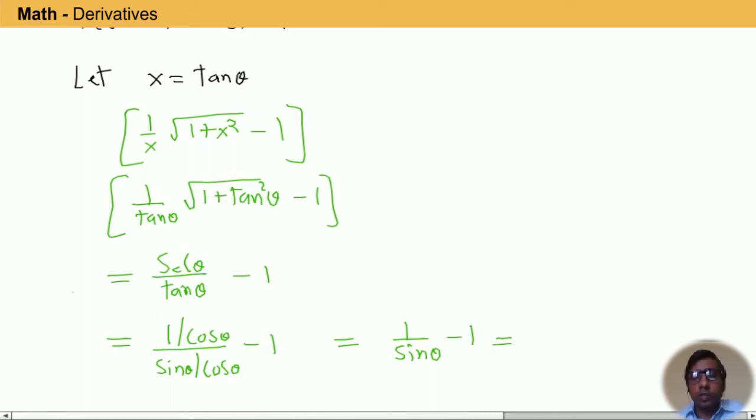All this is equivalent to 1 minus sin theta over sin theta, after taking LCM.